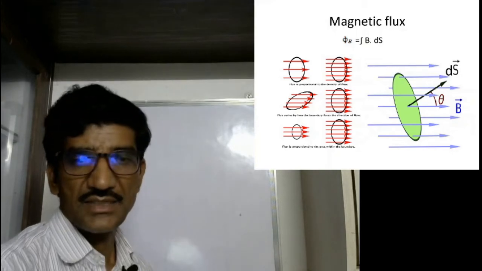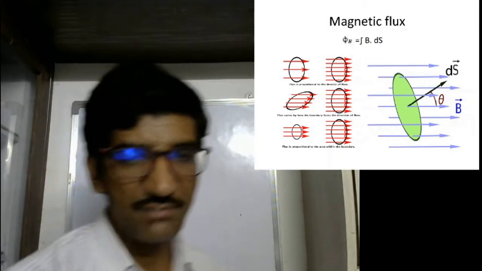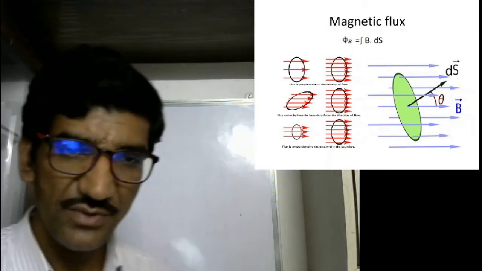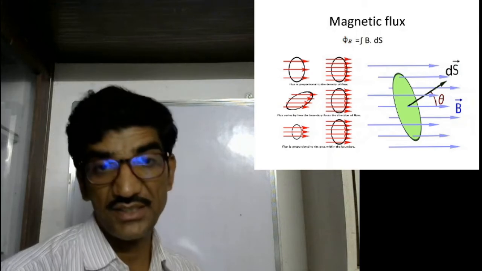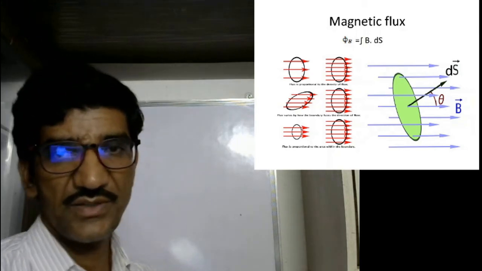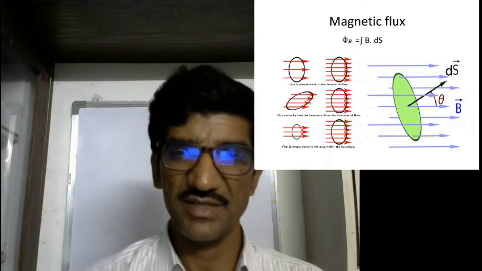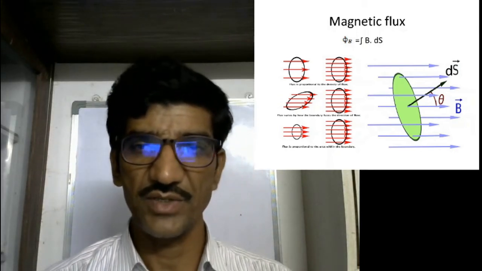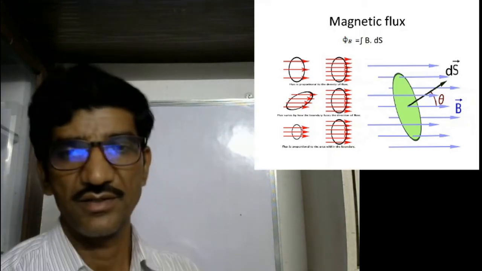Whenever you have a magnetic field in some place, you can imagine the magnetic force lines, the magnetic field lines. These are imaginary lines. We imagine these lines to show the presence of the magnetic field.